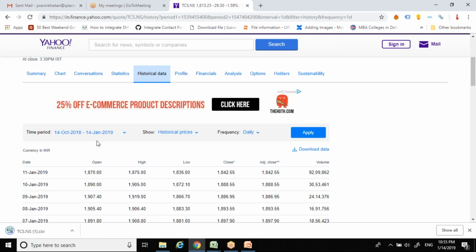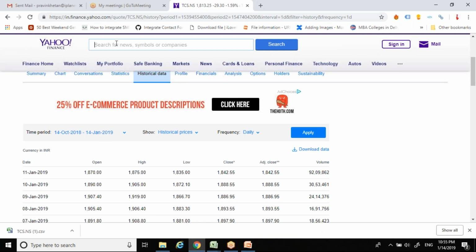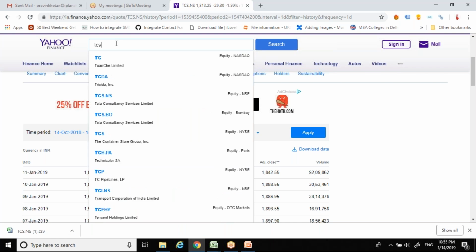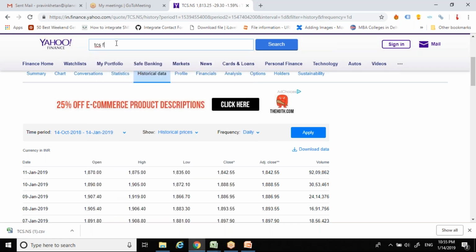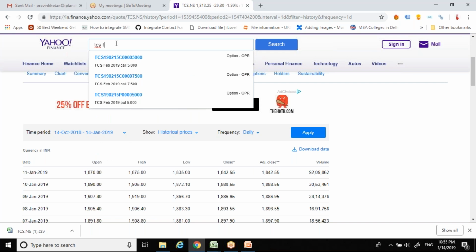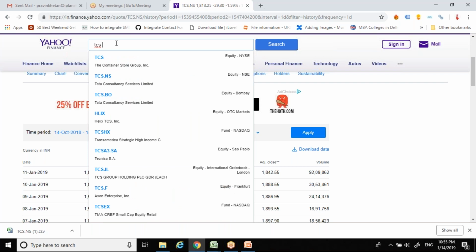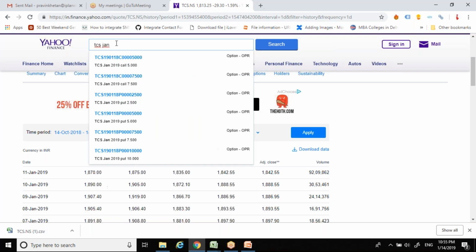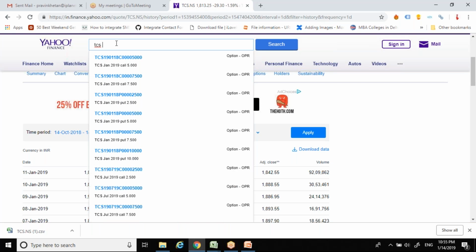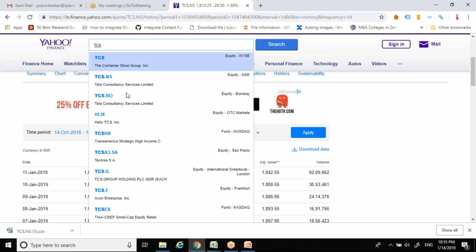So you have 3 months data, the spot price of TCS. Now I want TCS future contract price. Let me see if we have it here. We have TCS Feb call. No, I need TCS Jan. Again, we have call and put. I need the future contract. We have option data. How do I get the TCS future?